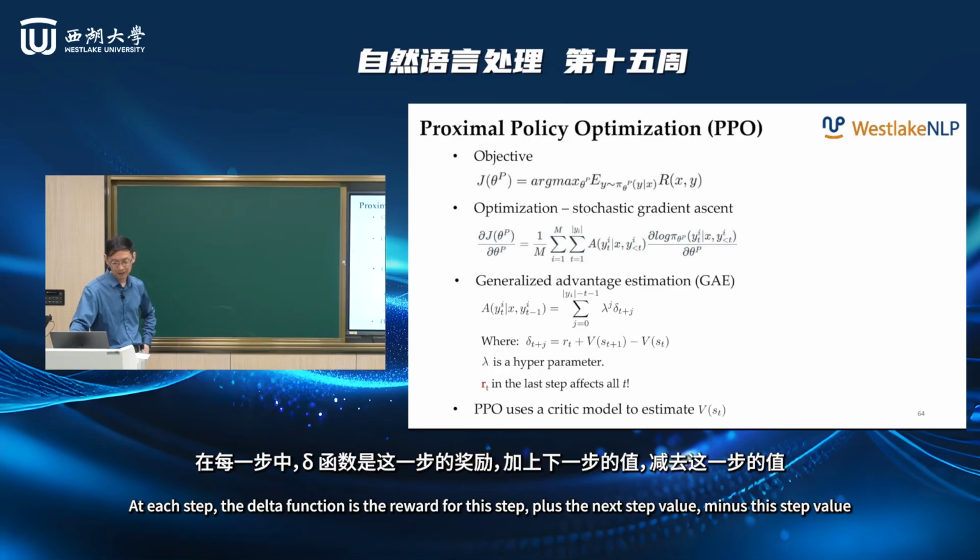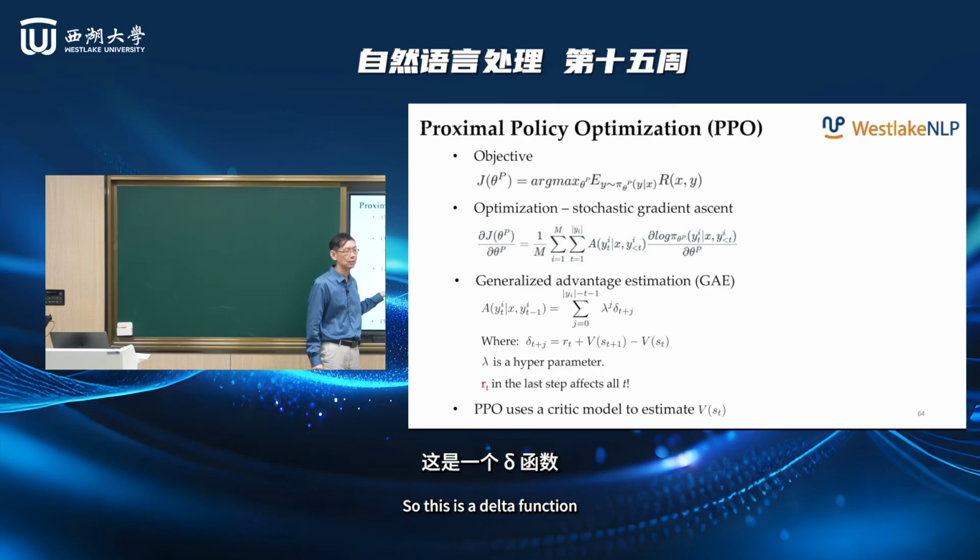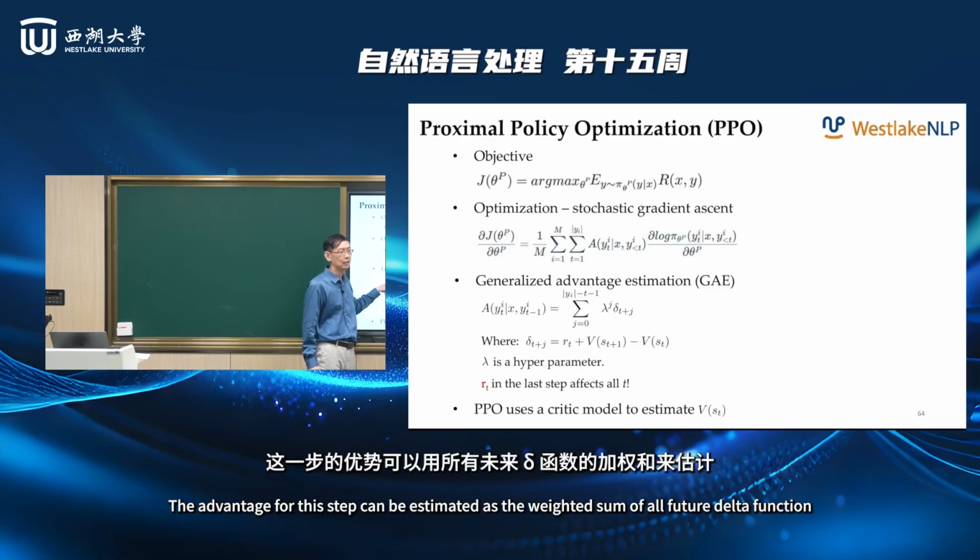At each step, the delta function is the reward R for this step, plus the next step value, minus this step value. So this is a delta function. The advantage for this step can be estimated as the weighted sum of all future delta functions.